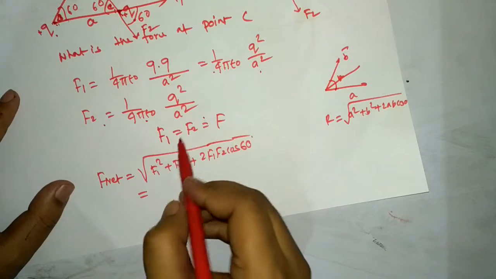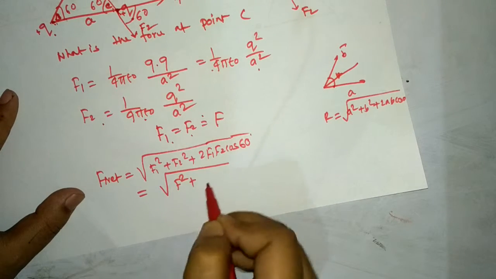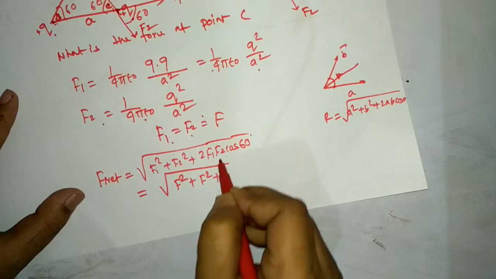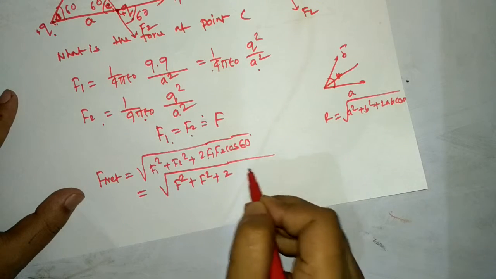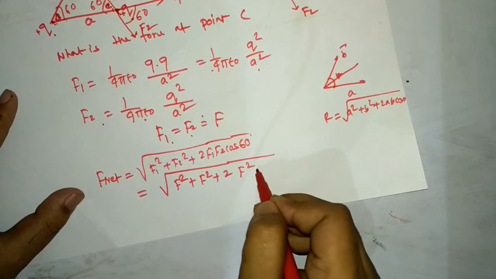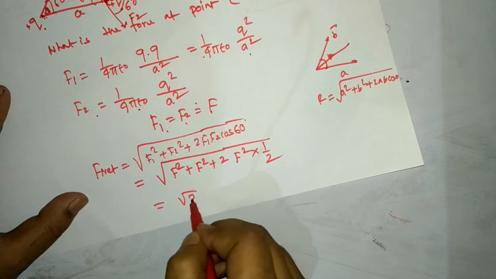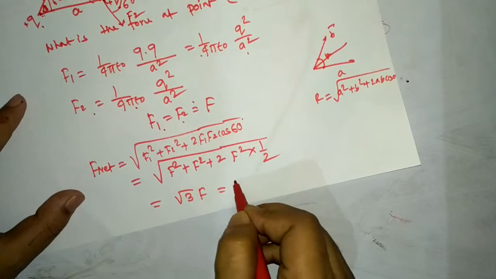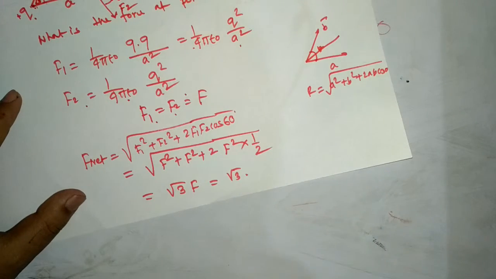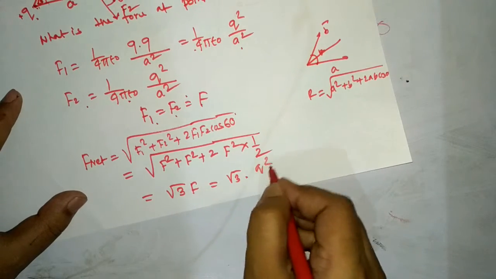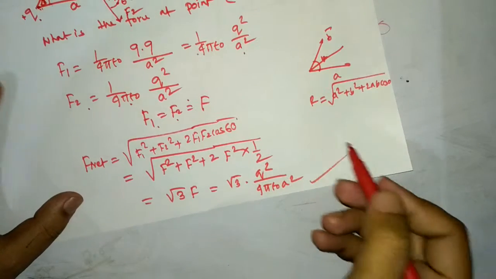We have already taken F1 equals F2 equals F. So F square plus F square plus 2 into F1 F2, which is F square, and cos 60 degrees equals 1 by 2. After solving this, we get root 3 into F, and root 3 into F equals root 3 Q square by 4 pi epsilon naught A square. So this is the answer of this question.